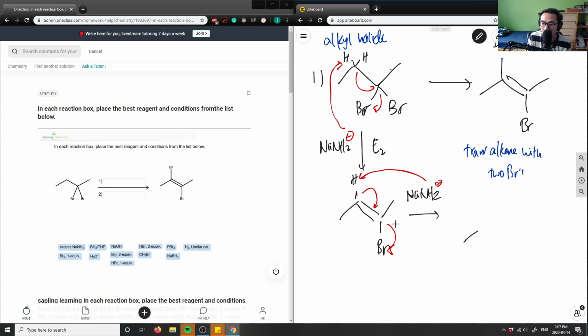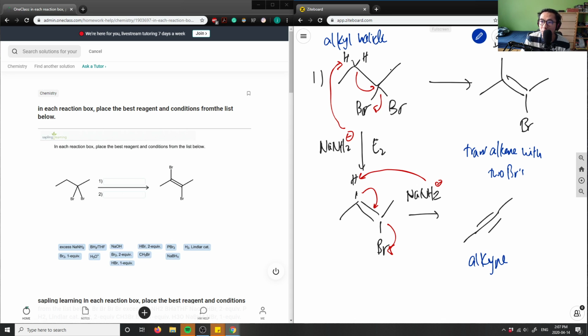I get a triple bond here. It's 1, 2, 3, 4, still a 4-carbon molecule, but this second bromine got kicked out, and I'm getting a triple bond here. So I have an alkyne now. That's what sodium amide does in this particular case.